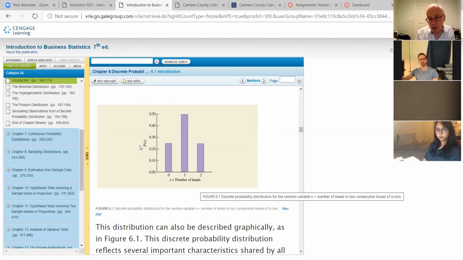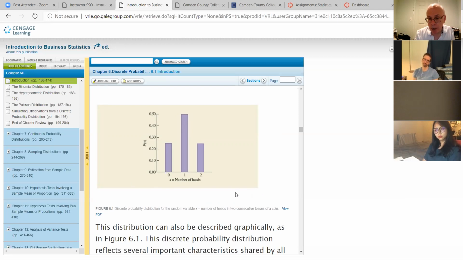So we can ask questions with probabilities based off of randomly selected one individual or one case, or we could say, what is the percentage of cases over the long term? That's also the same probability. Probability can be expressed in two different ways. Any questions about that? Make sense? Okay.